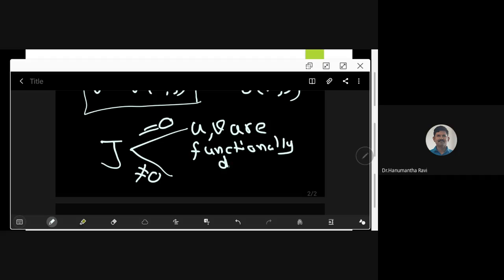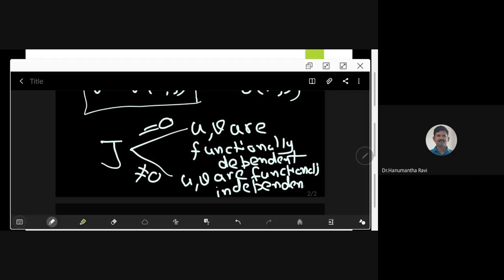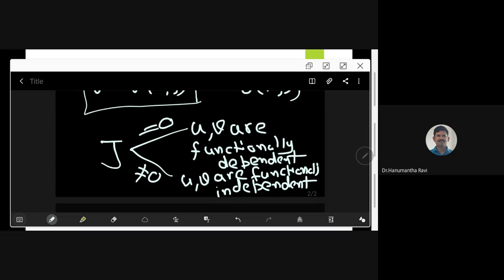That is, there exists a relationship between u and v. If the determinant is not equal to 0, then we say u comma v are functionally independent. That is, there is no relationship between u and v.